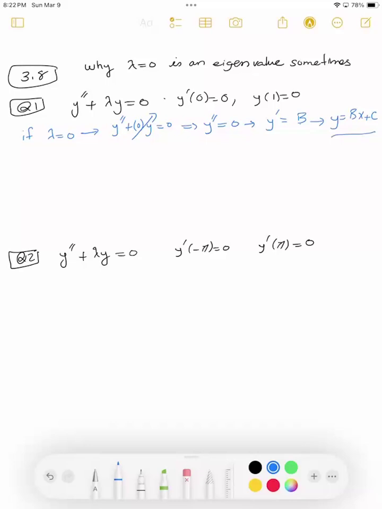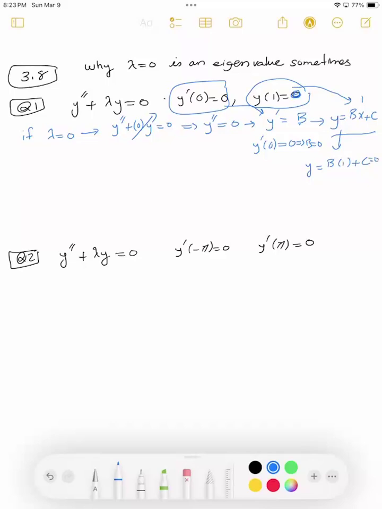Now I use the initial conditions. I have y prime at 0 is 0, so that implies b has to be 0. Then I have the condition that y of 1 is equal to 0. Substituting 1 for x gives b times 1 plus c equals 0.